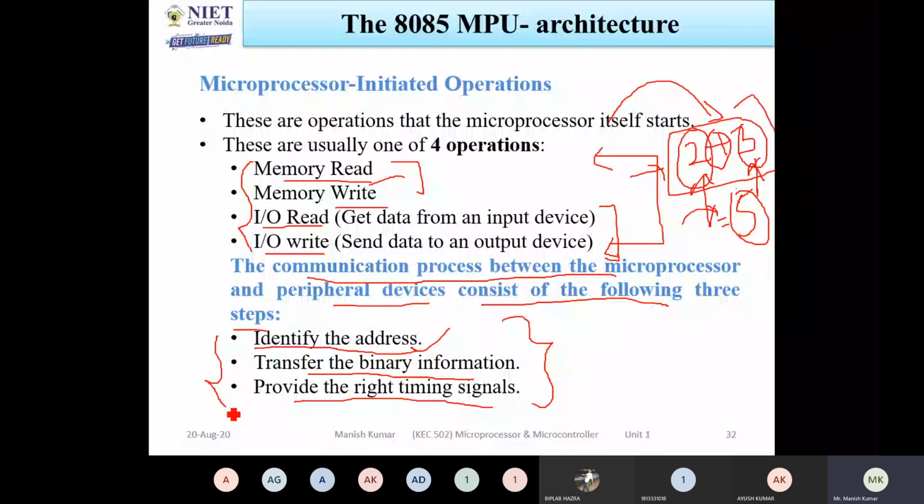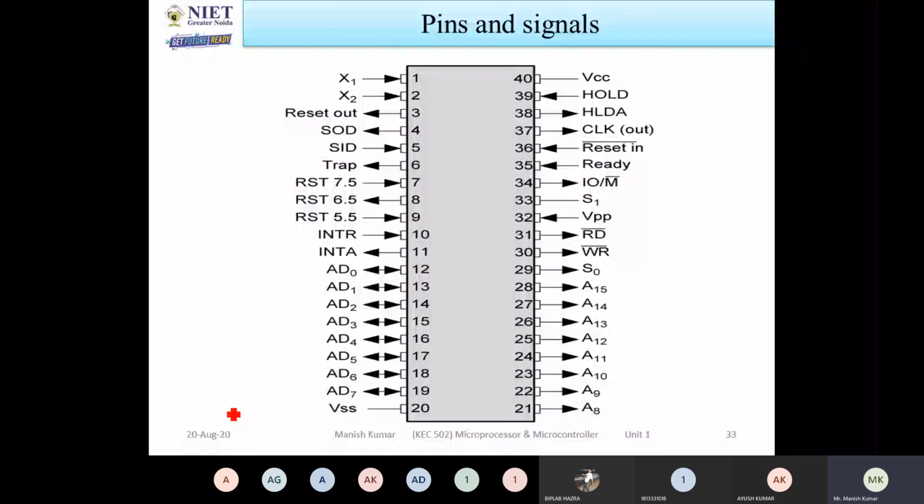So next is the pins and signals. When we are talking about the 8085, this is the 8085 IC. There are a total of 40 pins.